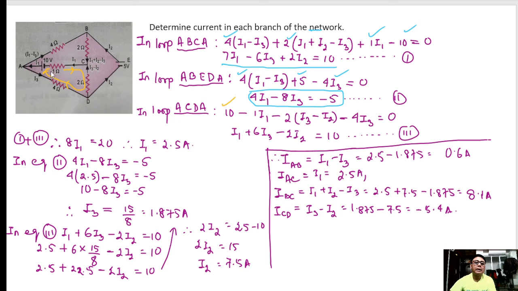Then we are going from A to C, which is opposite to the current, so minus 1I1. Next we are again going opposite to the current from C to D, so minus. And next we are going again D to A, opposite to the current, again minus. So we are getting this relation.